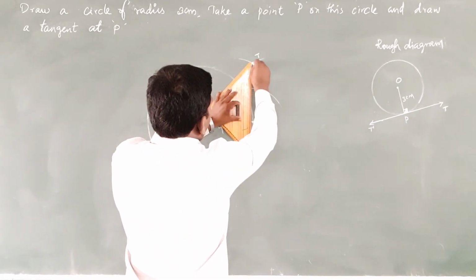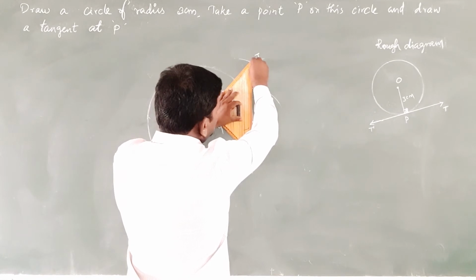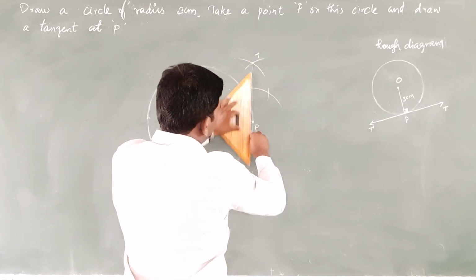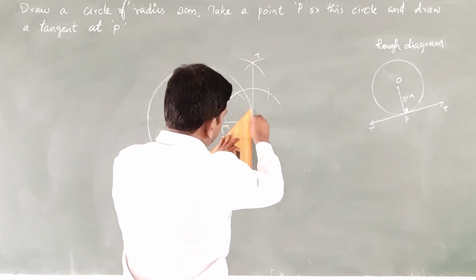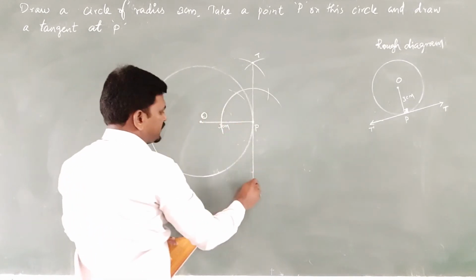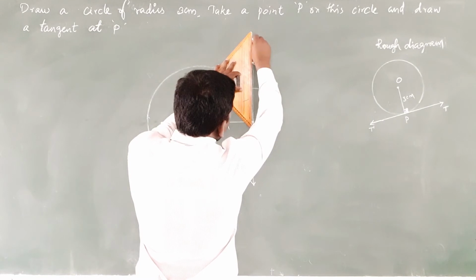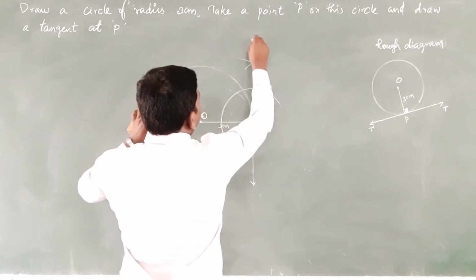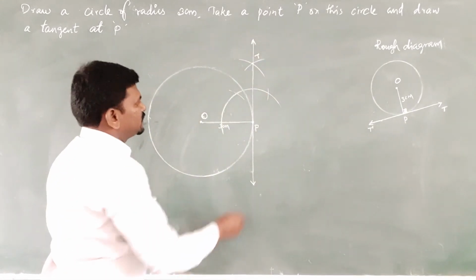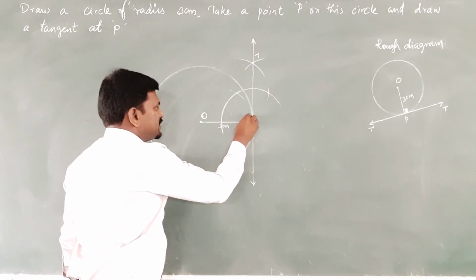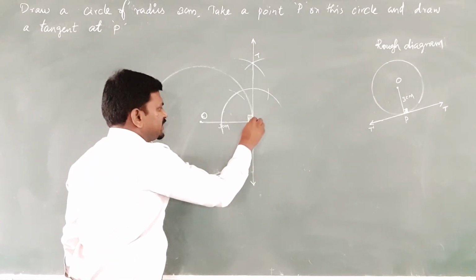Then from this T draw a straight line through P. This angle must be 90.